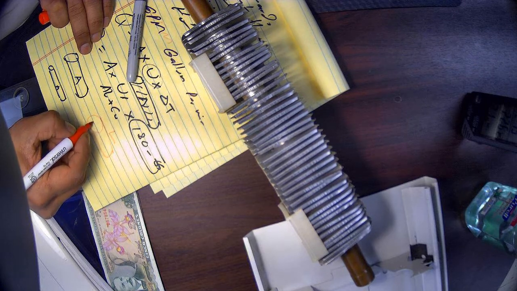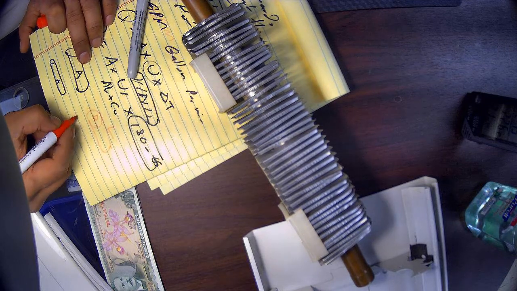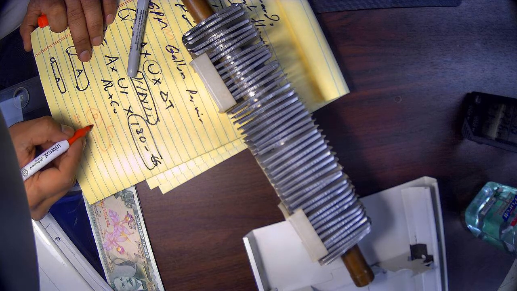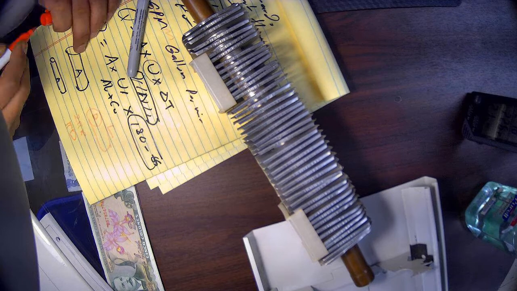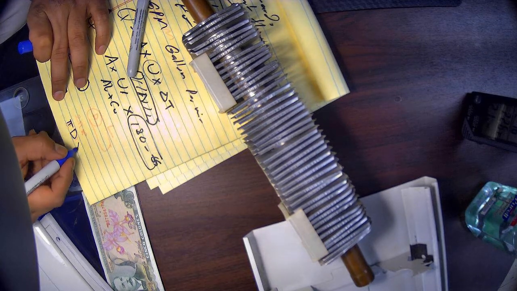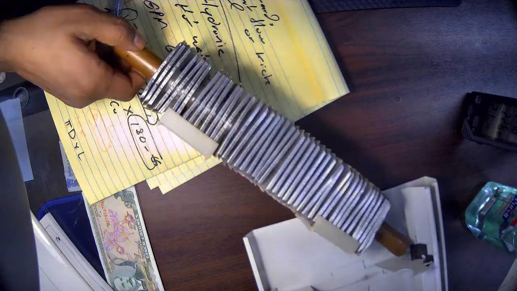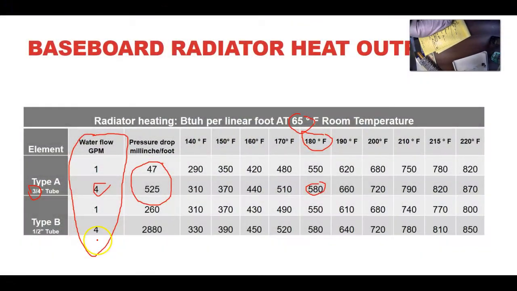So the circumference is 2 pi r, and r is d over 2. So it's pi d, where pi is a number, times the length. That's going to be my area. Okay, I hope I did not confuse you so much. And the good thing about videos is you can rewind and look at it again.